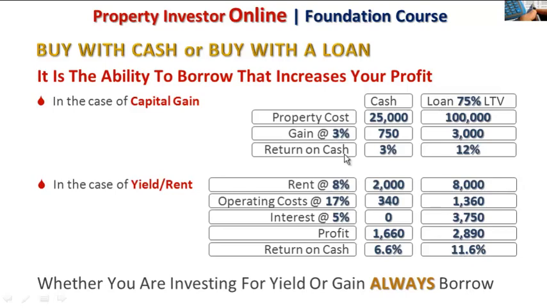Likewise, if you increase the gain rate above 3%, if you take it to 4% or 5%, the difference between the cash and the loan return on cash will increase. To see the effect of this, download the blueprint for this particular financial dynamic. And that is the purpose of these blueprints, to enable you to test out each of these financial dynamics.